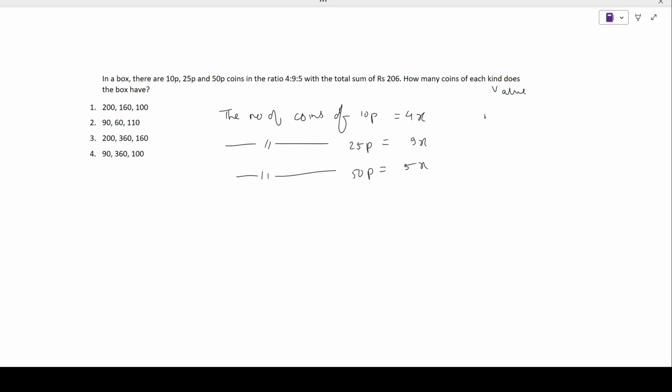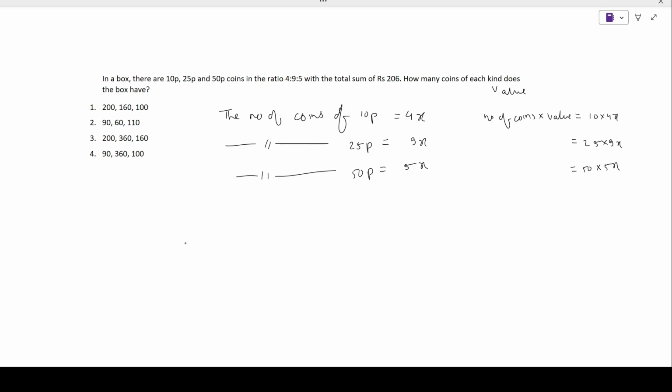If we see the value, what is the total value of coins of 10 paise? It will be number of coins into the value. So we have value for 10 paise coins, 10 into 4x. For 25 paise it will be 25 into 9x, and for 50 paise it will be 50 into 5x.